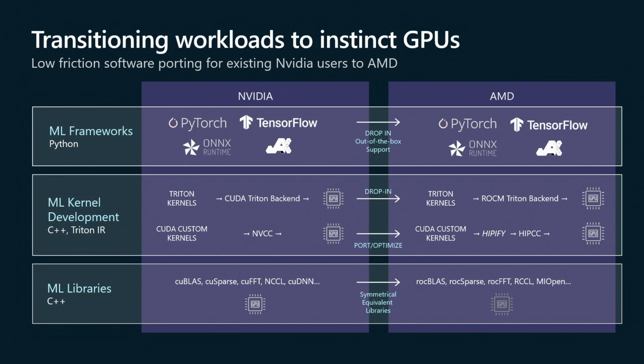We have a Triton backend for AMD. If you're doing custom C CUDA kernels or PyTorch extensions, which is really advanced ML, we have a tool called Hipify that allows you to move the code from NVCC to HipCC, which can then compile for both NVIDIA and AMD.